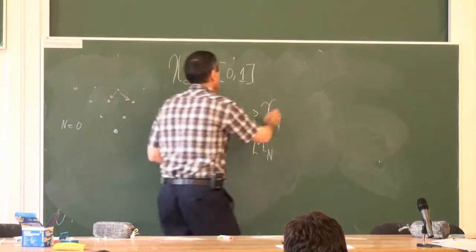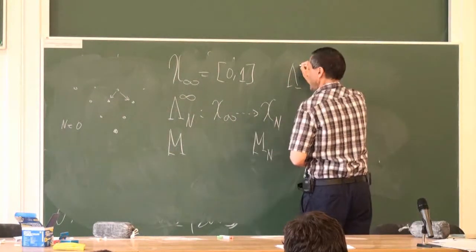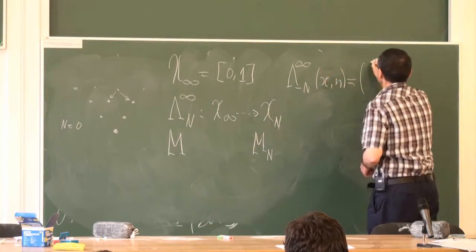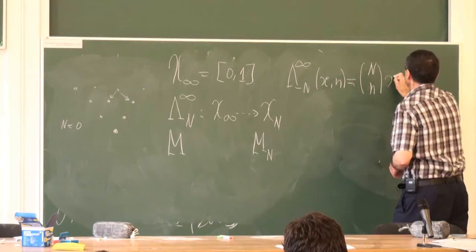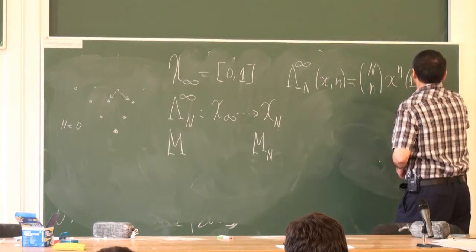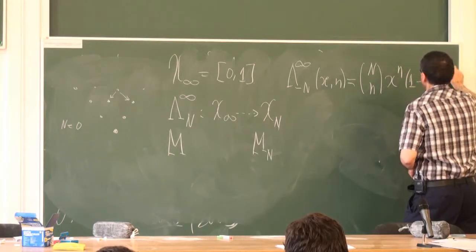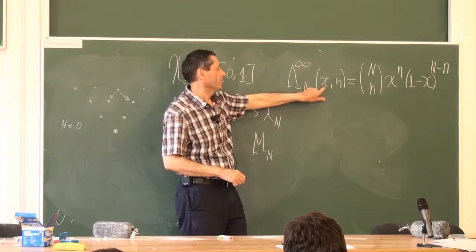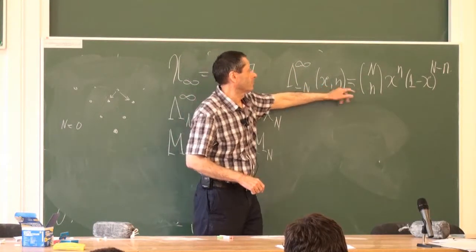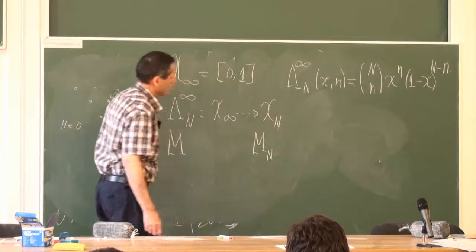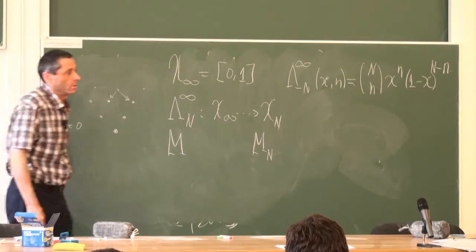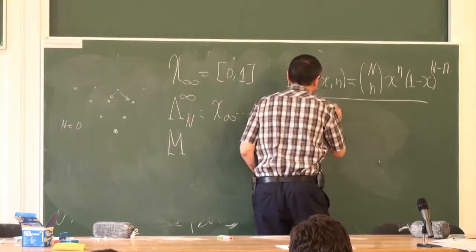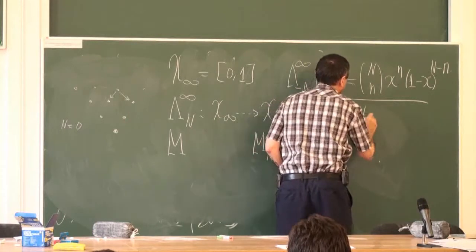So in this situation, this is given by the binomial distribution. As x is fixed, in the second variable, this is a binomial distribution. So this claim is a reformulation of de Finetti's theorem.